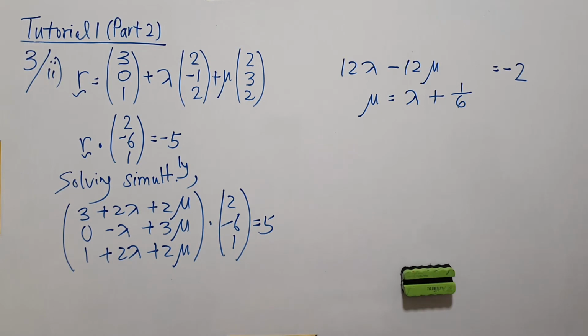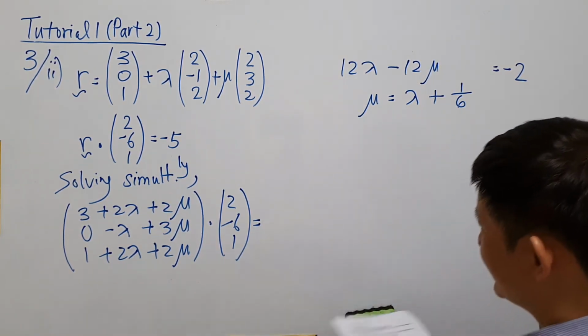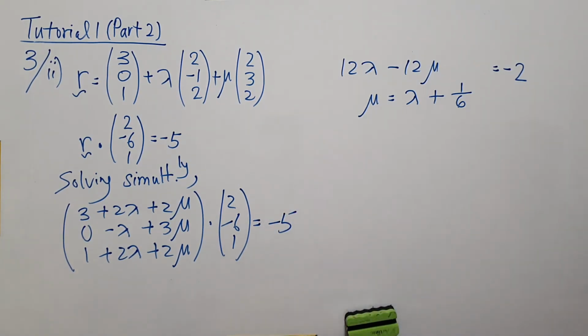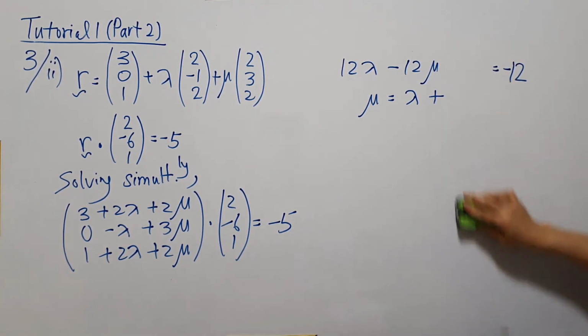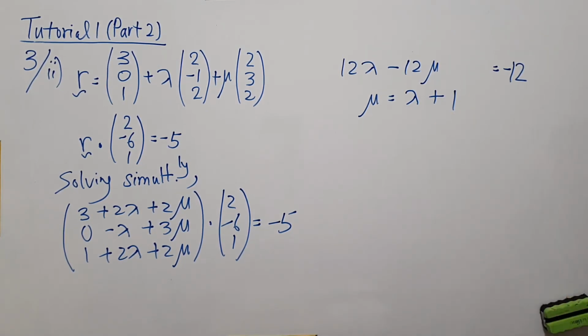Okay, 2 minus 6. Oops, I think I made a mistake, because this is not 5. You see, it's always good to check, this is actually minus 5. And then this is actually minus 12. And this is therefore plus 1. See, luckily I checked. Okay, so my mu is equals to lambda plus 1.